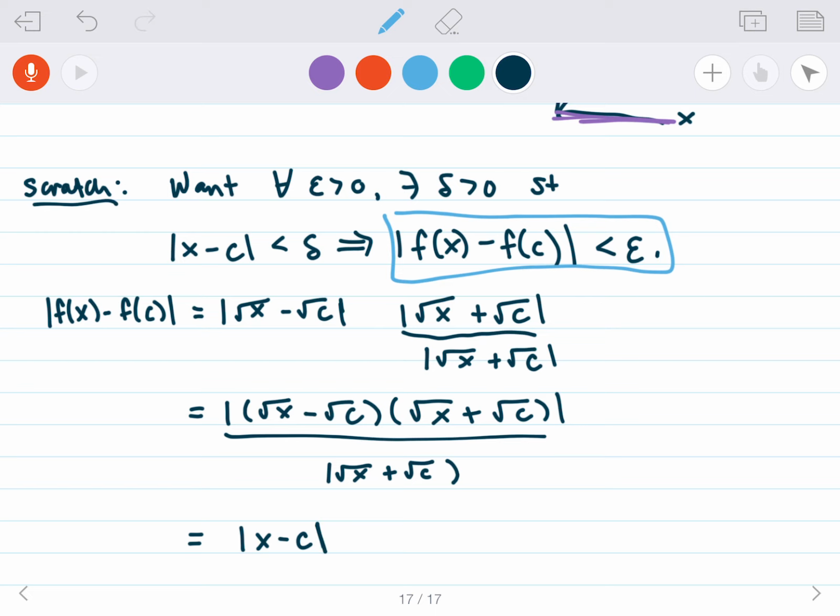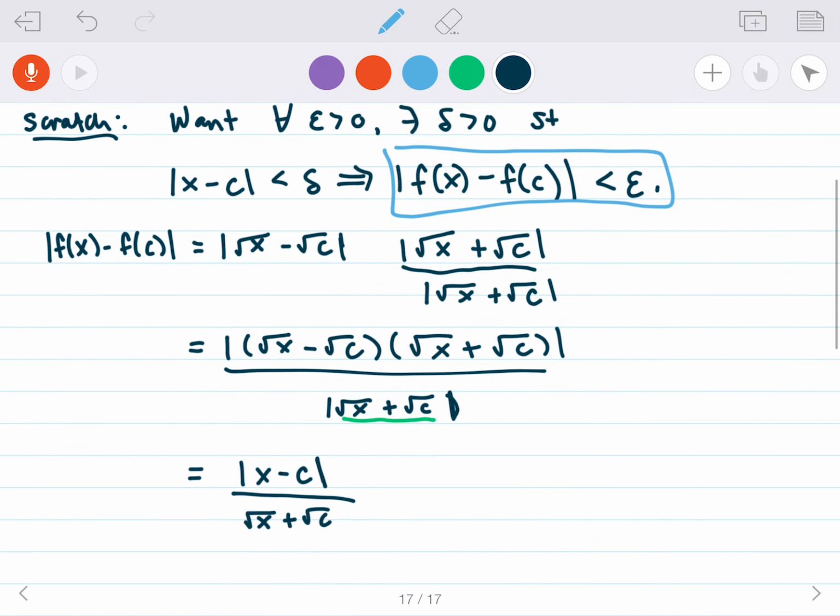And then on bottom, well, I'm taking the absolute value of something completely positive. Square root of x plus square root of c is going to be completely positive, so the absolute value bars are not necessary, so I can dump them. So this is just going to be root x plus root c. And I want this less than epsilon.